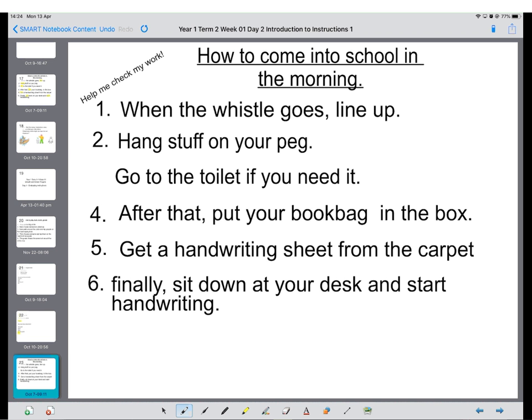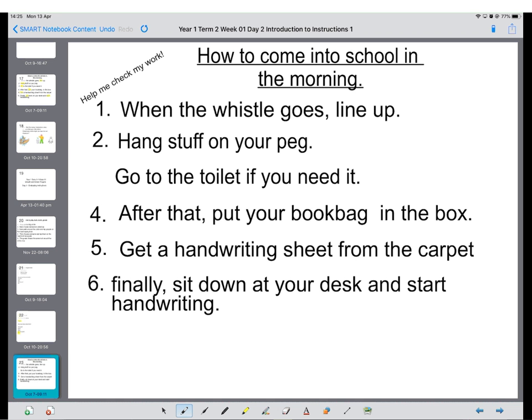After that, put your book bag in the box. 5, get a handwriting sheet from the carpet. 6, finally sit down at your desk and start your handwriting. Right, I think there are at least 3 mistakes there. So I want you to tell your grown-up what they are, and when you're ready, grown-up, start the video again and we'll correct them.